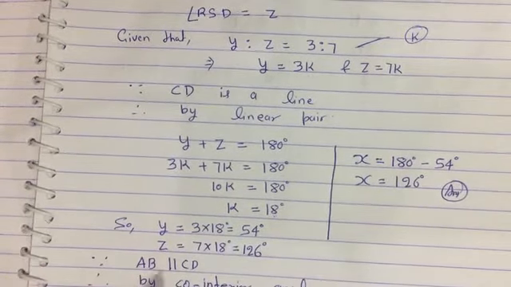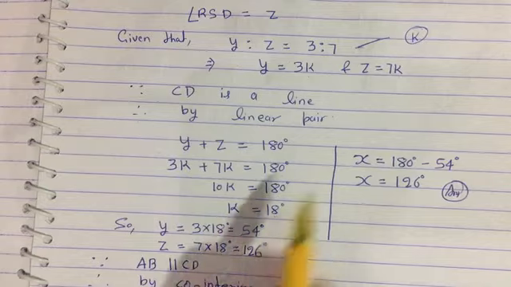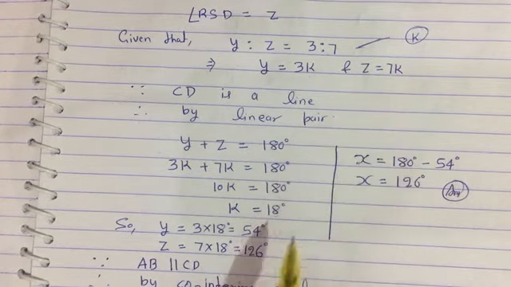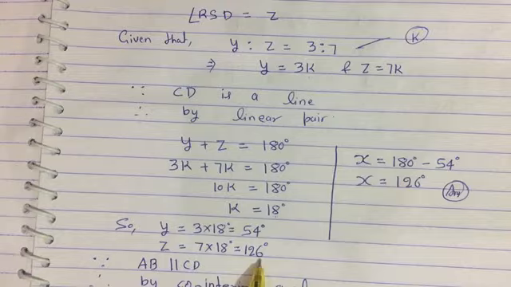Okay, and for Z, Z is equal to 7K, and in the place of K we have to write 18, then this is 7 into 18 and it is 126 degree.